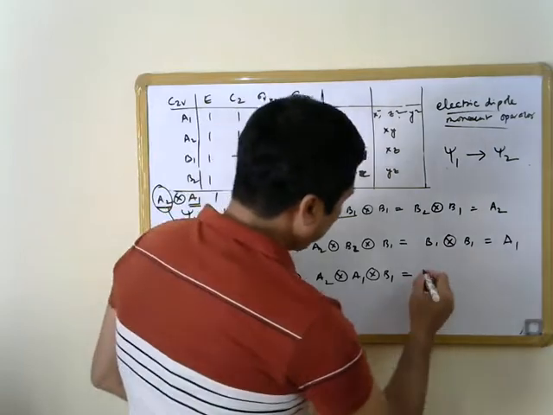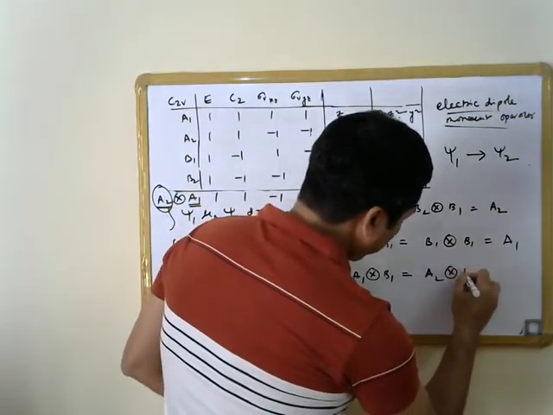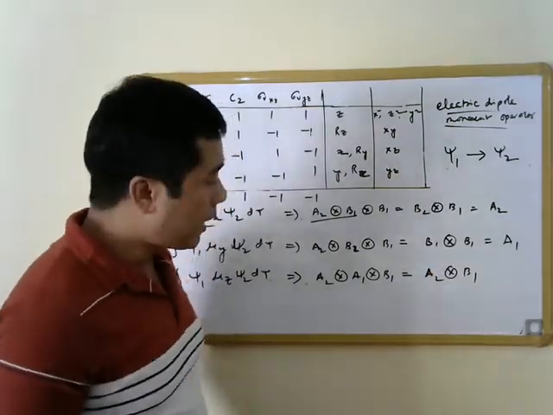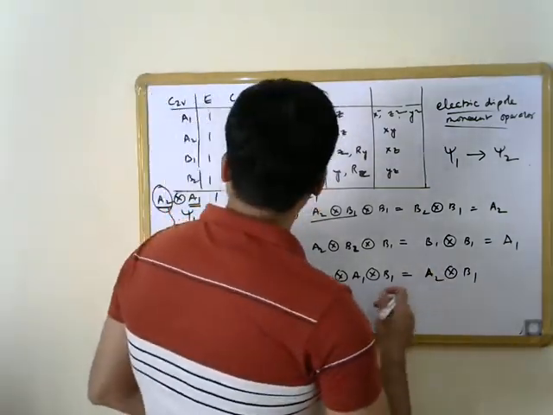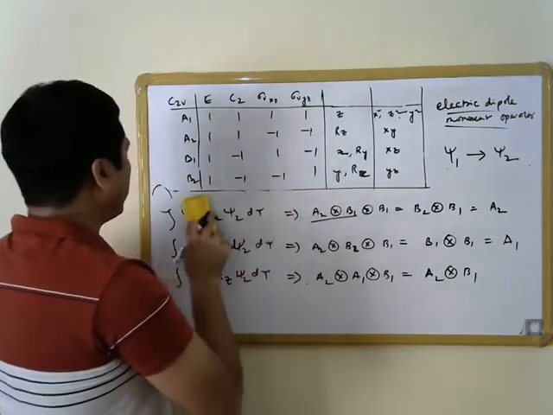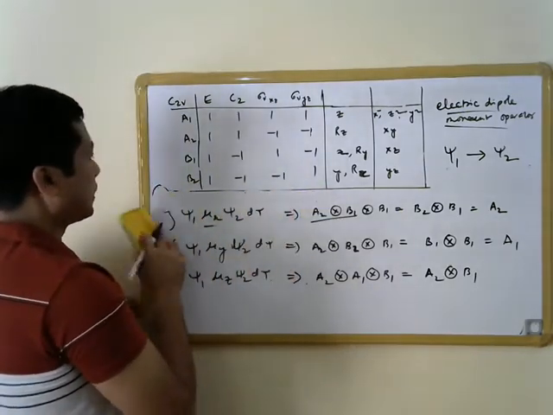So a2 into a1 is going to be equal to a2, and then let's see what we get when we do a2 into b1 over here.